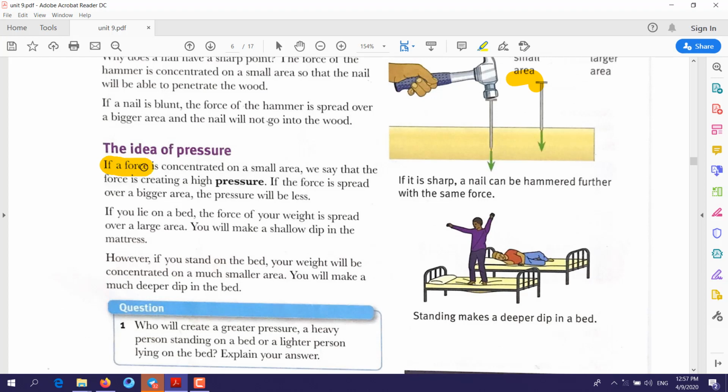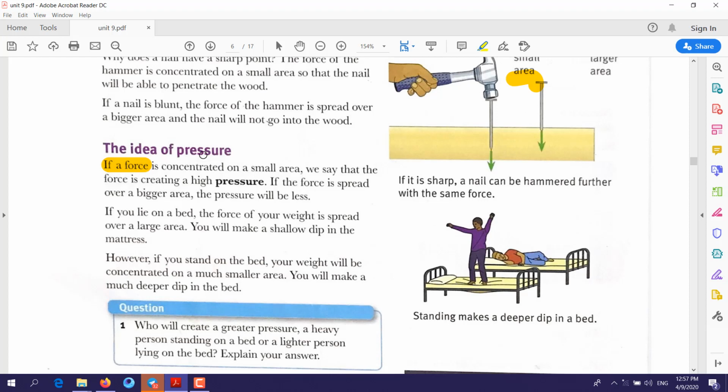So, the pressure, it depends on what? When I explained about pressure, I mentioned force and area. So the pressure here will depend on two factors. It will depend on the amount of force and also the area.